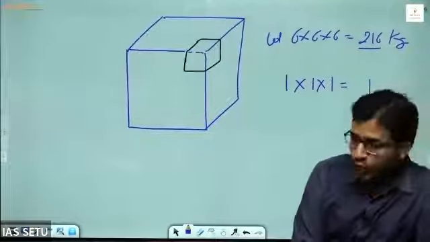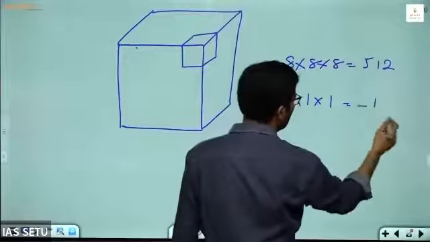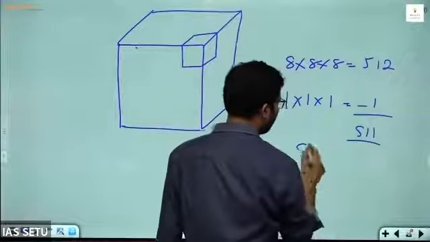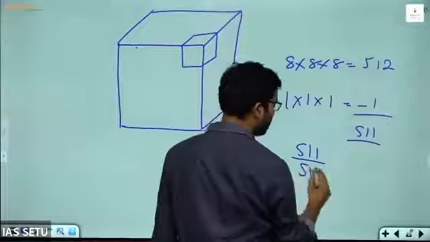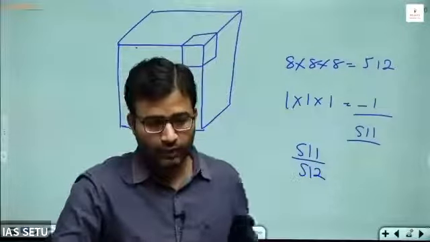So this is 8 into 8 into 8, 512 centimeter cube. And what we have removed is 1 centimeter by 1 centimeter by 1 centimeter. So 1 into 1 into 1 centimeter cube is removed. So we are left with 511. So what is remaining as compared to original? 511 upon 512 of the weight of the original.